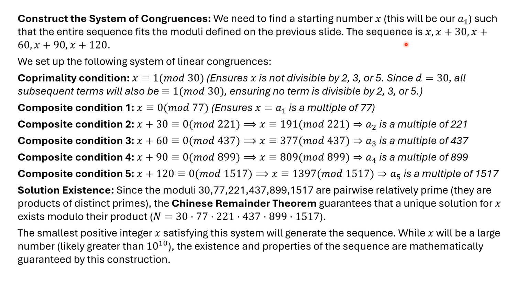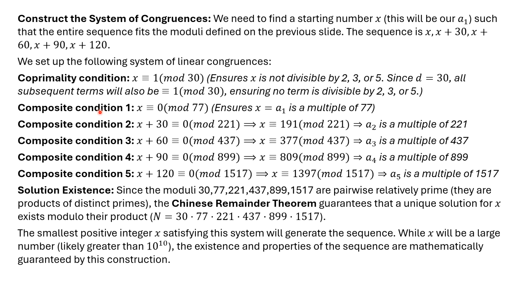So we'll have an arithmetic progression where the difference is 30. Then we need any two of these to be relatively prime, and we'll see that that will be the case. And then we also need each one of these numbers, x, x plus 30, and so on, to be composite. Those are the 3 requirements.